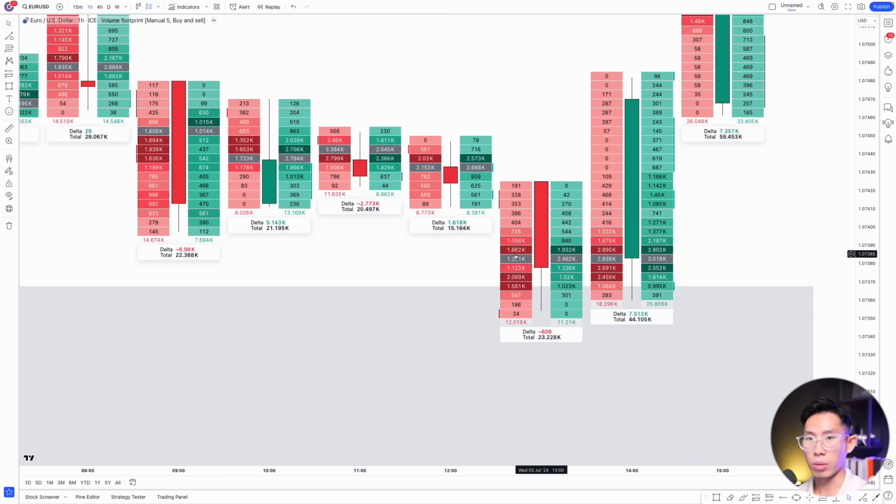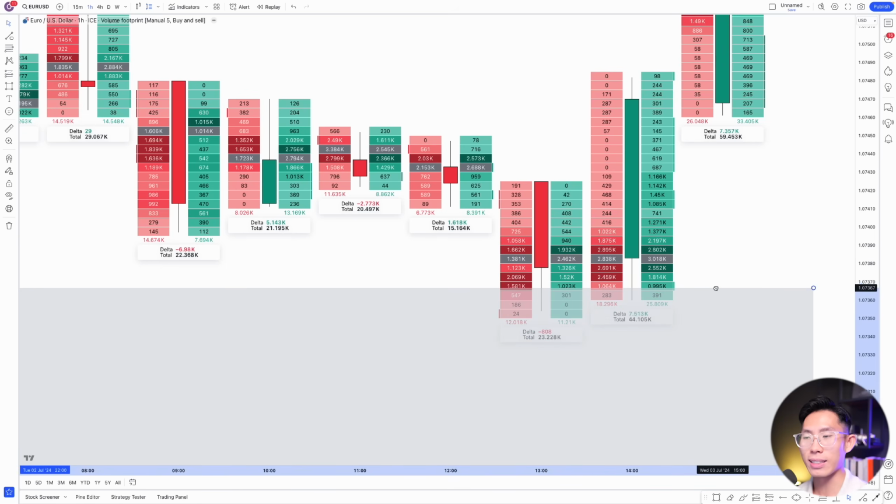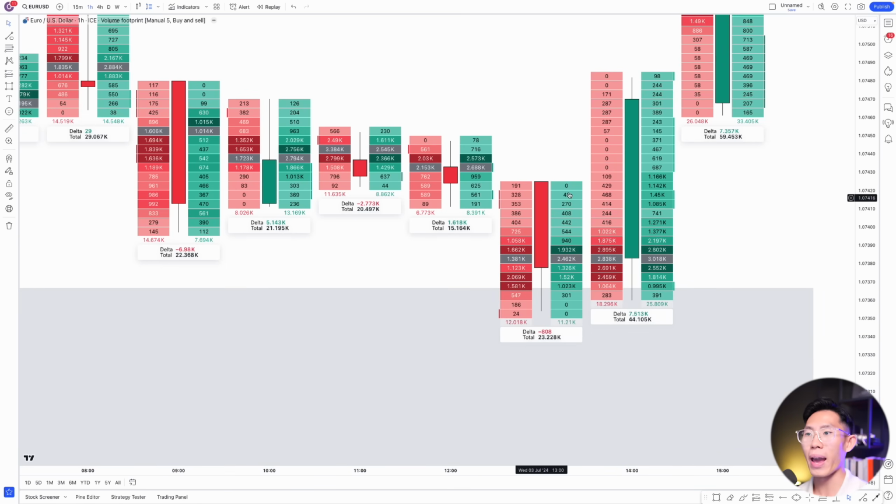This pretty much tells us that even though the sellers were aggressive, there is so much demand at this demand zone. There were so many passive buy limit orders that just completely ate up the sell orders that we have right here, which resulted in price respecting this demand zone.